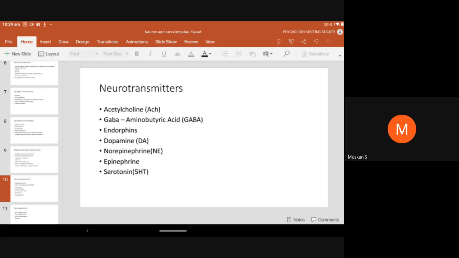That means it involves regulating the mood of a person, maybe the emotions, the negative or the positive emotions. Then it may control the sleep as well as the appetite. So all of these are conducted by this specifically dopamine neurotransmitter.